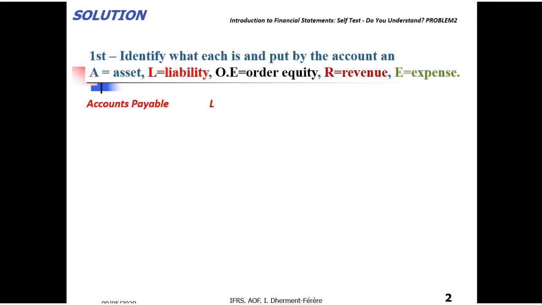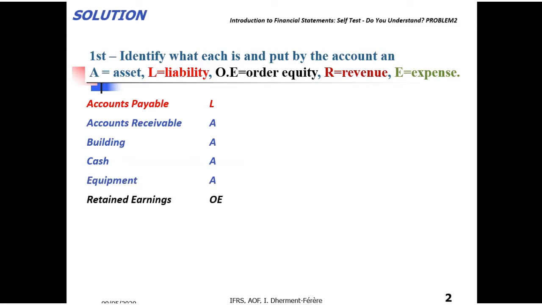Accounts payable is a liability. Accounts receivable, asset. Building, asset. Cash, asset. Equipment, asset. Retained earnings, owner's equity.